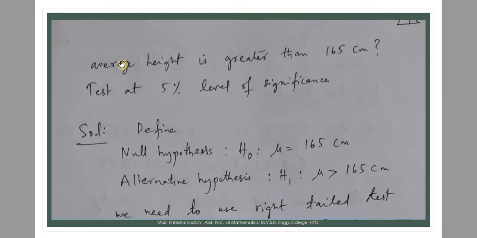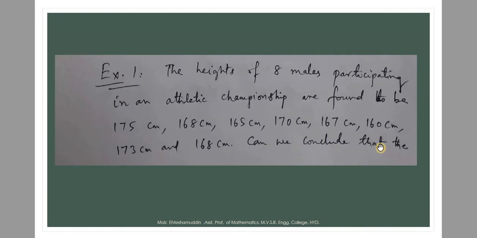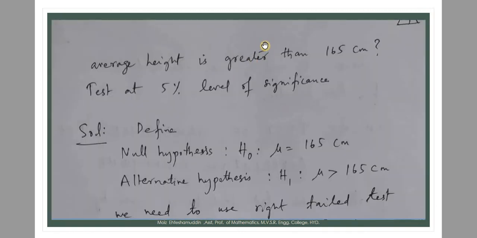But the point is, there is a claim in the question: can we conclude that the average height is greater than 165? So this is taken as the alternative hypothesis, H1, H not for null and H1 for alternative. So this mu, which is the mean of the population, we will take as greater than 165 as per the given claim.